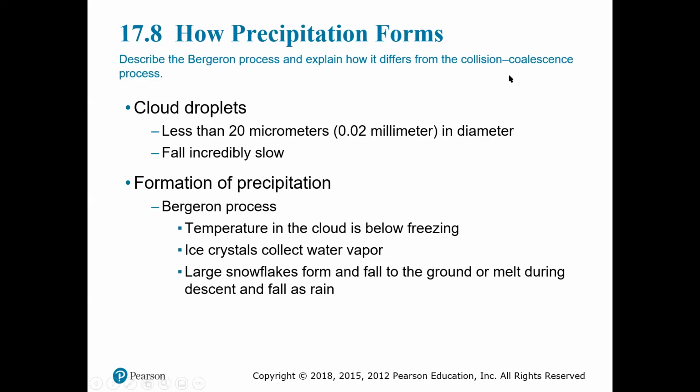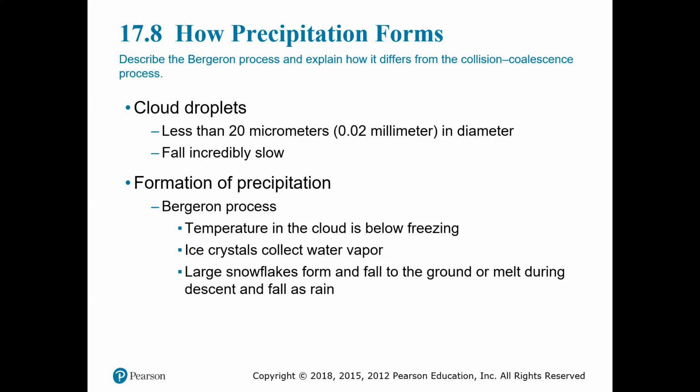So now that we've seen how clouds form, we're going to finish out the chapter looking at how precipitation forms. We know that all clouds contain water, right? That's how they form, from the condensation of water vapor. Why do some form rain and others don't?